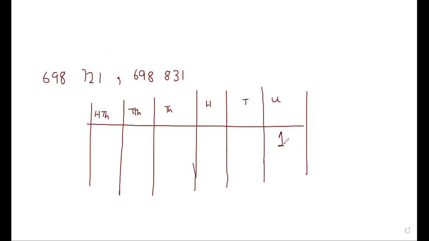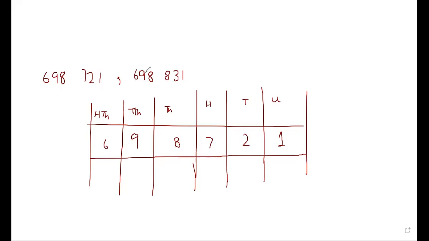How many tens do we have here? 2. How many hundreds? 7. How many thousands? 8. And how many 10,000s are here? 9. And how many 100,000s are here? 6. So I'm going to write 6. This is the first value I wrote in the place value chart.